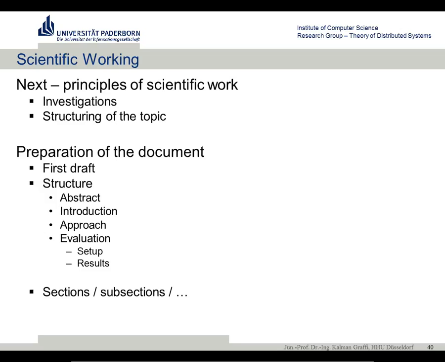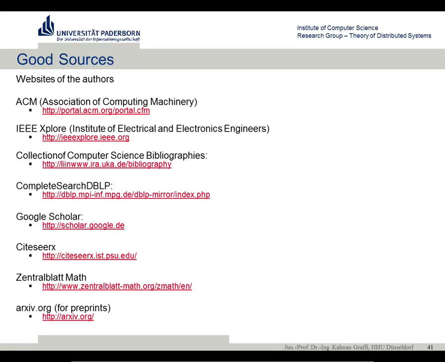What is important is first finding the topic, finding the content for your paper, and then writing it in a proper way. Every document should have a specific structure, so which sections you will have, which subsections, and some rough idea on it. And how to find papers: what I typically do is just use Google Scholar, and that gives good advice.